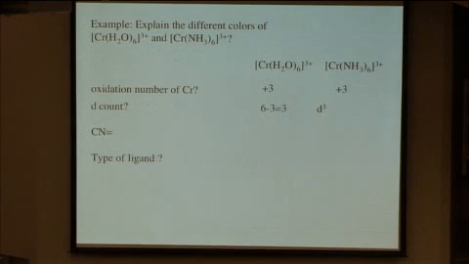What does CN mean again? Coordination number. So what is that for both of these? 6. So there's 6 things coordinated to the chromium. And so we have, again, an octahedral system. And what type of ligand is water?